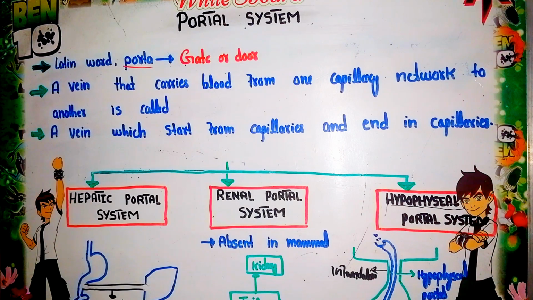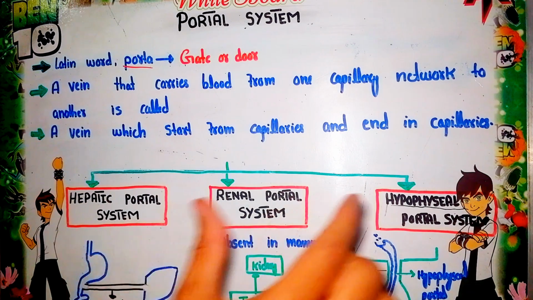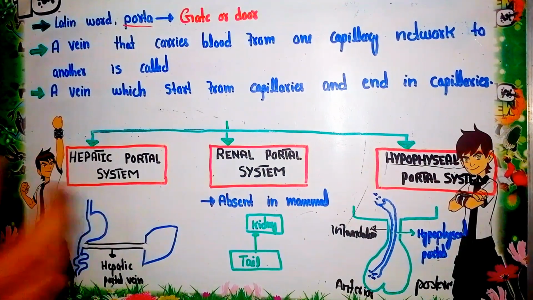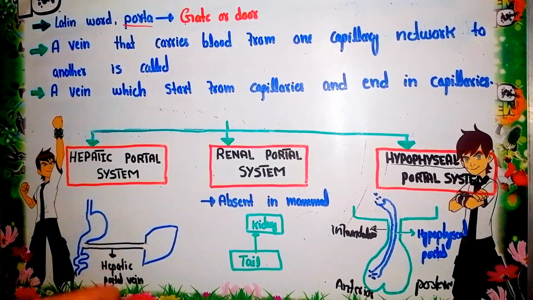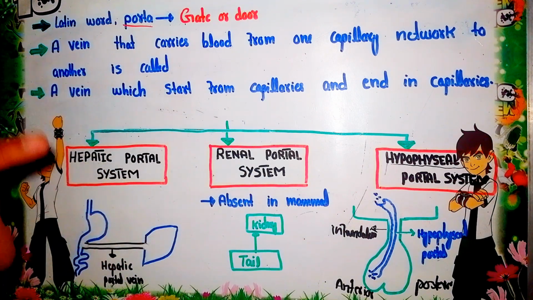The first is the hepatic portal system, the second is the renal portal system, and the last is the hypophyseal portal system. These names are given according to the capillary network or organ where the vein ends. According to that end capillary network or organ, we have named these portal systems differently.